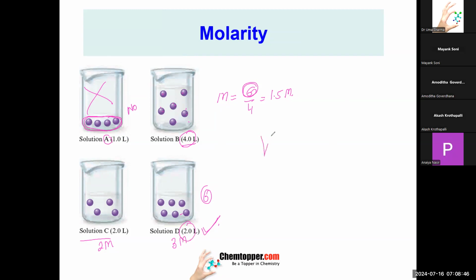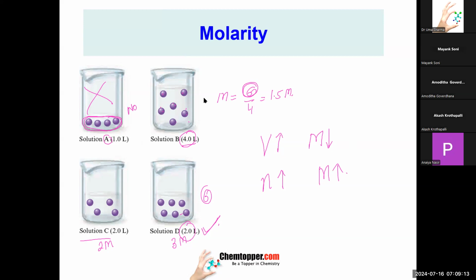If you increase the volume, what happens to molarity? Molarity will decrease, yes. And if you increase the amount, what happens to molarity? It will increase. So remember that if you change the moles or the volume, molarity changes accordingly.